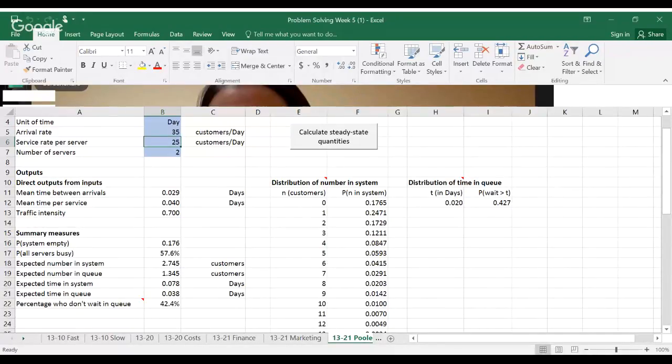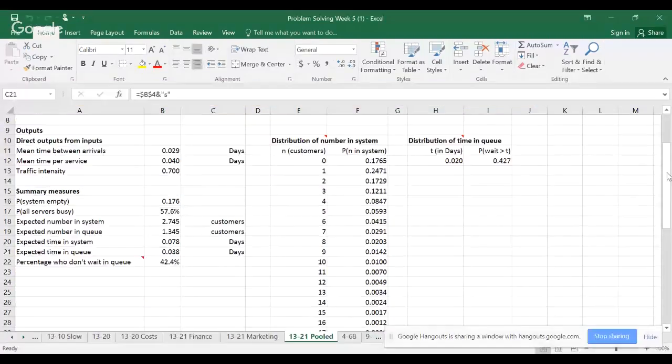It's what I remember it being. Yeah, it's right. 0.078 and 0.038. So 0.078 is not right either.